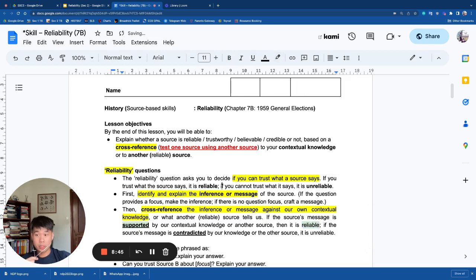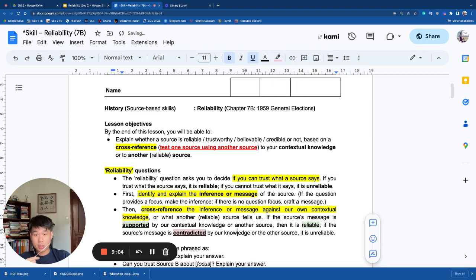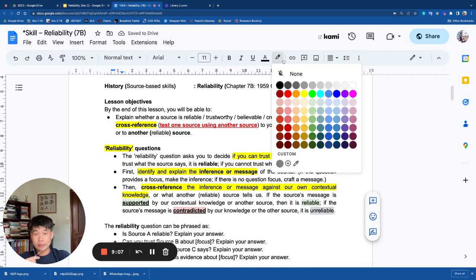This should be quite intuitive, right? If the first source message is supported, in other words, the other source corroborates and agrees with the first source, then what the first source said is true, and therefore it's reliable. But if it's contradicted, opposed, or challenged by our own knowledge, then it is unreliable.